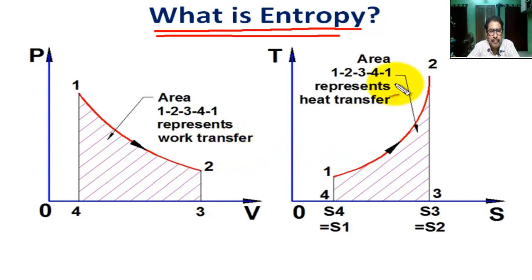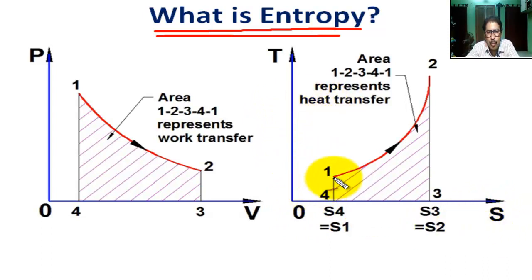Similarly, in this figure, the horizontal axis represents entropy S, and the vertical axis Y represents temperature T. 1-2 is a process. This is the TS diagram, or temperature-entropy diagram.